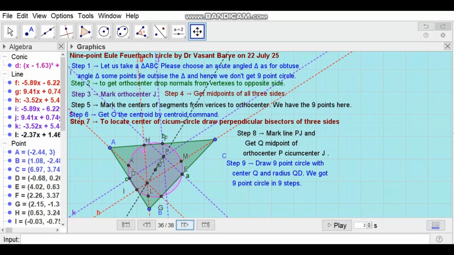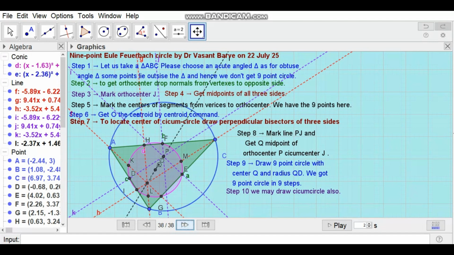You got the 9-point circle. Okay. Please note that we have got the 9-point circle in 9 steps only. And in the 10th step, I am also giving a bonus, the circumcircle. Okay. So please note that we have got the 9-point circle.